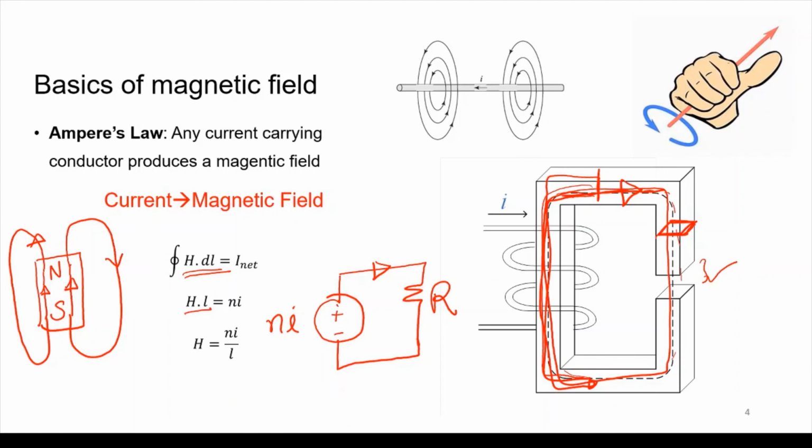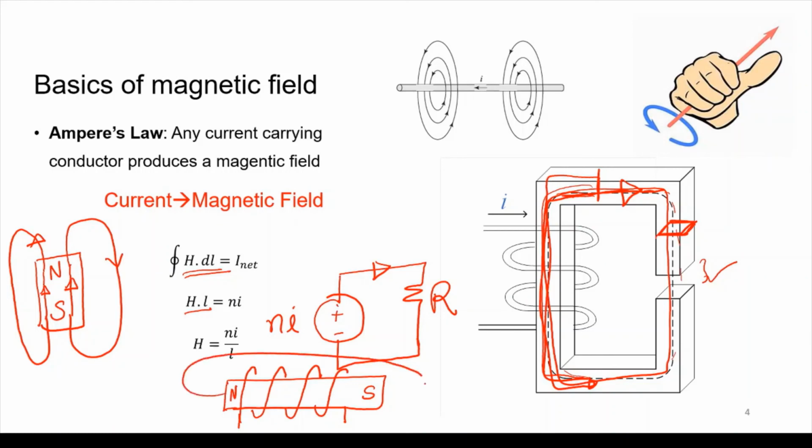Now, if we have an electromagnet, we will denote it like this. And here also we will have a north pole and south pole. The flux lines will flow from north to south outside the magnet, but inside the magnet they will flow from south to north. Thank you.